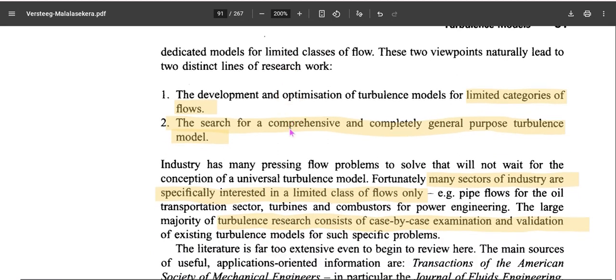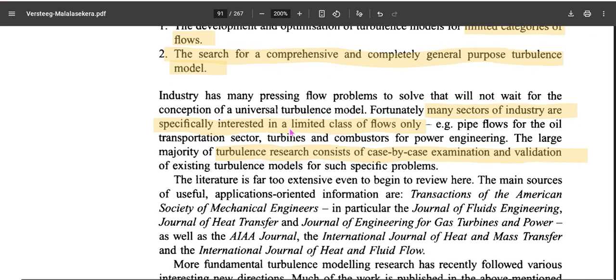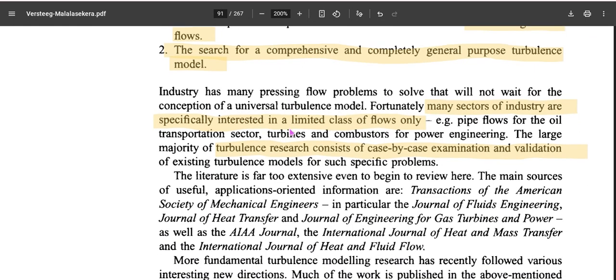In this aspect, the first category has received much focus on the industrial side, because most industrial sites belong to a particular segment of flows, like pipe flows in oil industries, and turbines and combustion, particularly swirling flows.